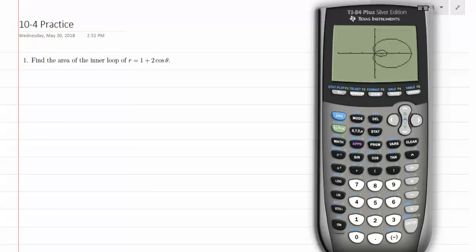The tricky thing here is to figure out the limits of theta that just give us that inner loop. What we have to realize is that the inner loop starts at the origin, traces around like this, and then ends at the origin.